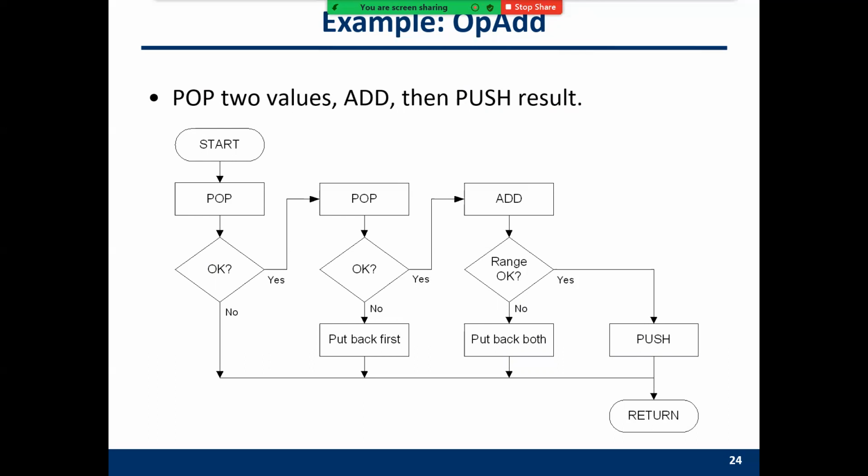If we can do the operation, we pop one of the operands of this addition. And then we do the second one. If we still can do it, then we do the addition. If we can do the addition, we push the result onto the stack. If any of this push or pop cannot be done, we do the return here.